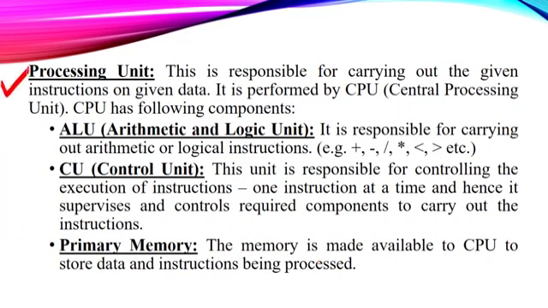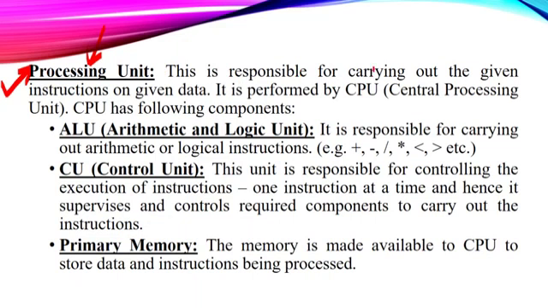Then next we have the most important and main unit of our CPU, that is termed as our processing unit. This processing unit is generally responsible for all the operations that we do, all the outputs that we get, and everything that we are doing with our computer or that our computer is showing to us.